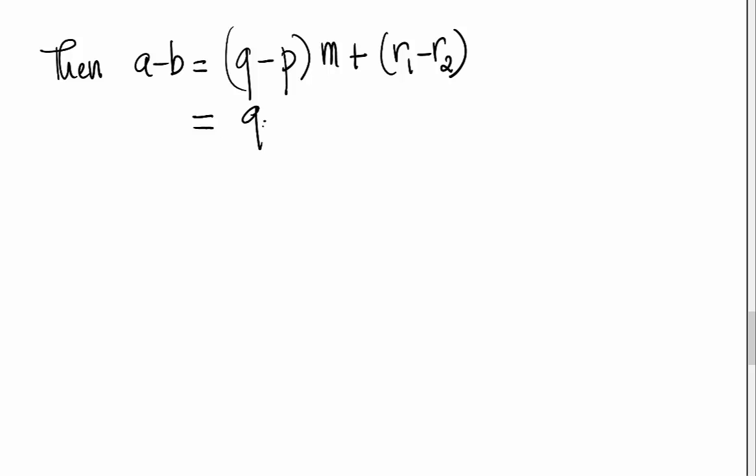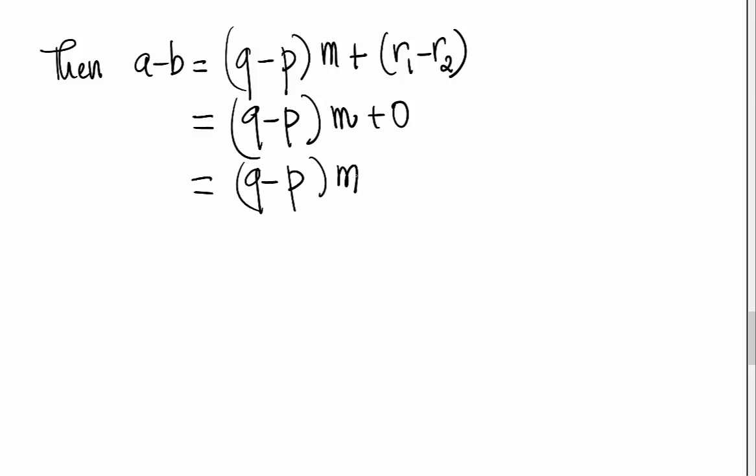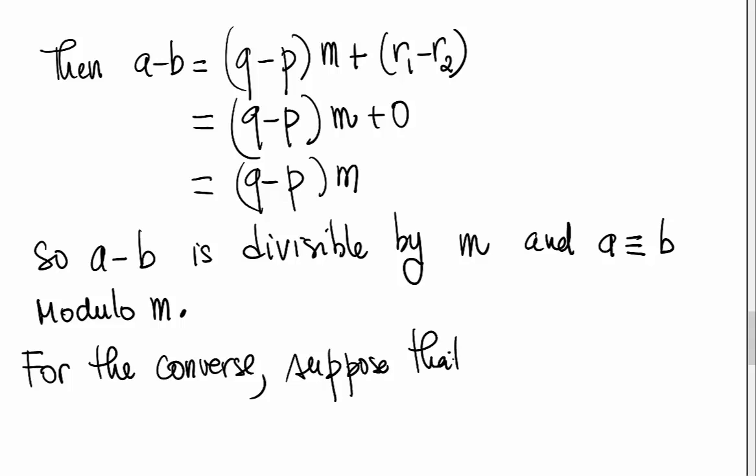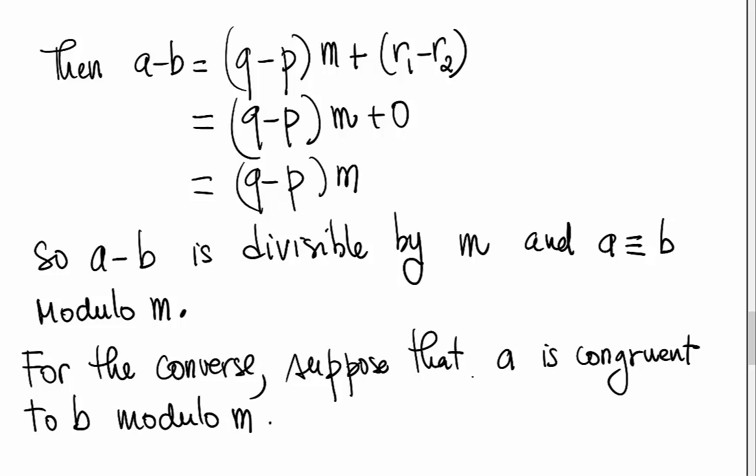Now assume that a and b have the same remainder after dividing by m. Then a minus b will be equal to the quantity written on the screen, and because r1 minus r2 is 0, a minus b is divisible by m, and we say that a is congruent to b modulo m. Now for the converse, let us suppose that a is congruent to b modulo m.